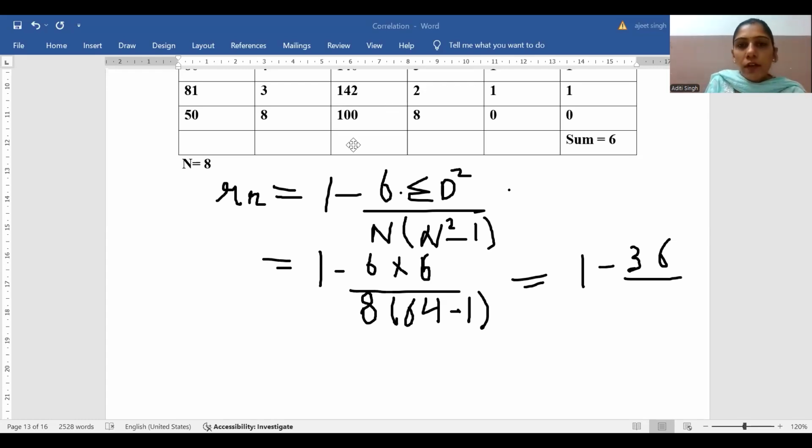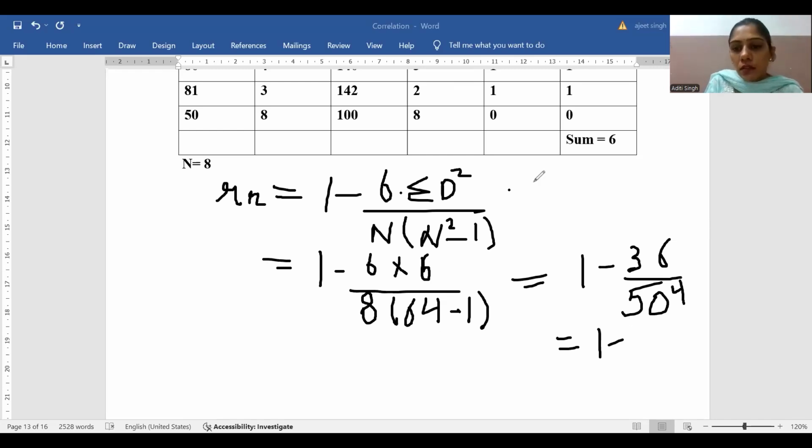It is 504. Let me write it first. 5, 0 and 4. So again, let's solve this. 1 minus, so 36 divided by 504 is equal to 0.07.